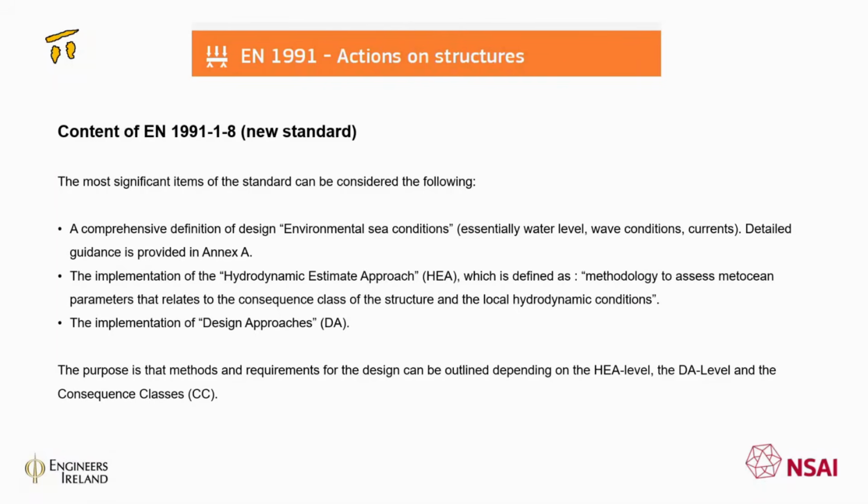And the purpose of this is that the methods and requirements for design can be outlined depending on the hydrodynamic estimate approach level, the design approach level, and the consequence class. So depending on the severity and the nature of the environment, you then approach the design for this. So this is a table within this.